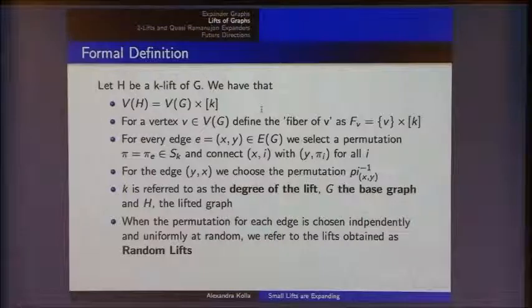But let's say now from S_k, the set of permutations of k elements, this is a random lift. If you choose each permutation from the set of shift permutations of k elements, this is a random shift k-lift, etc. So in a random lift in general, only the permutation choice is the random part.